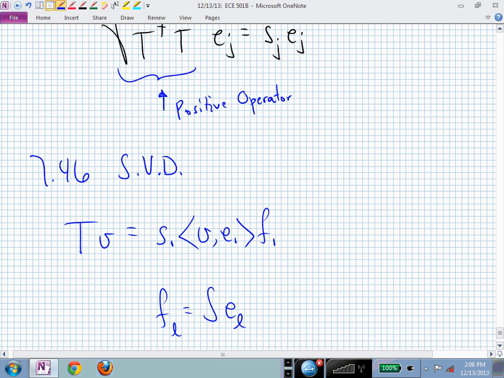So this just rotates one orthonormal basis into another, which we're now calling F's. And we now have this plus S2 times v inner product with E2 times F2, all the way to Sn times v inner product with En times Fn.